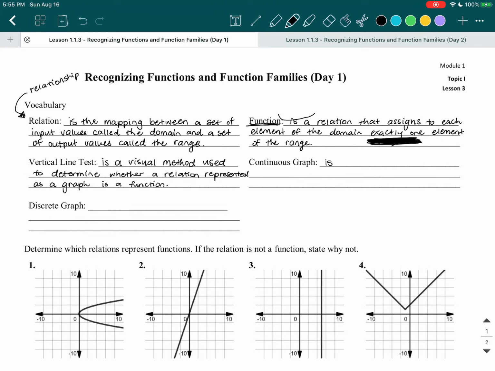Continuous graph. A continuous graph is a graph of points that are connected by a line or smooth curve of the graph with no breaks.